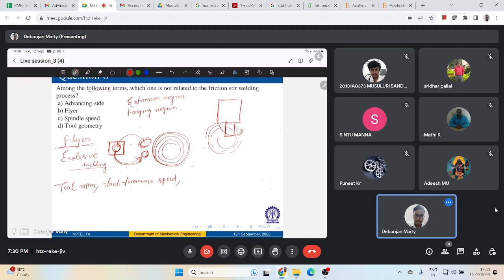In tool traverse speed, let us say you have high welding speed and low welding speed. Low welding speed will provide you higher temperature. These are the basic sense, right?